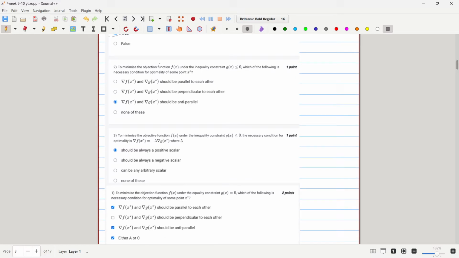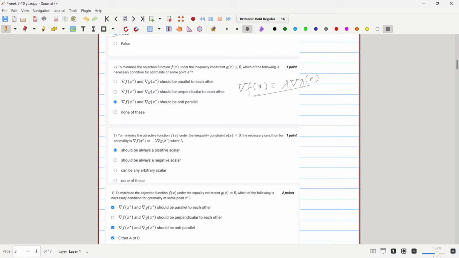Then to minimize the objective function f(x) under the inequality constraint g(x), which are the necessary conditions for optimality of some point x? Okay. See, mathematically, the condition for optimality can be written as gradient of f(x) is lambda times gradient of g(x).